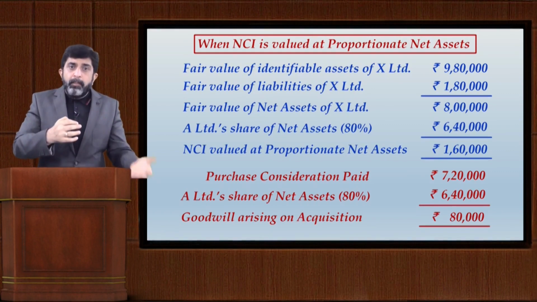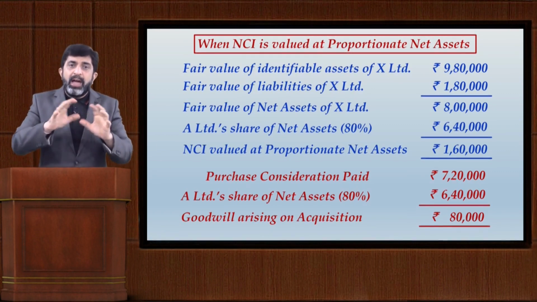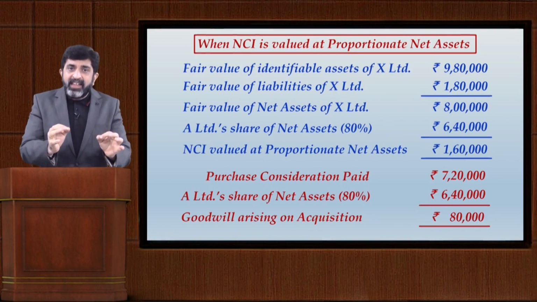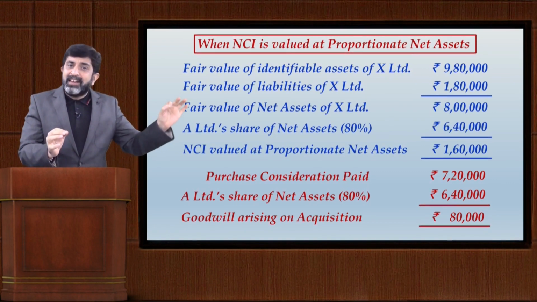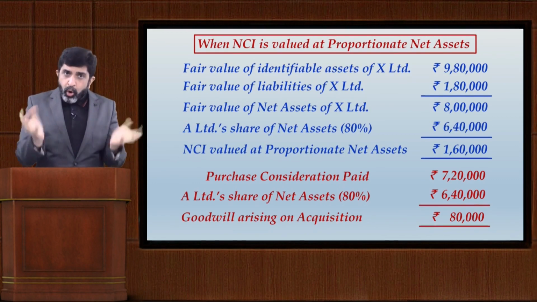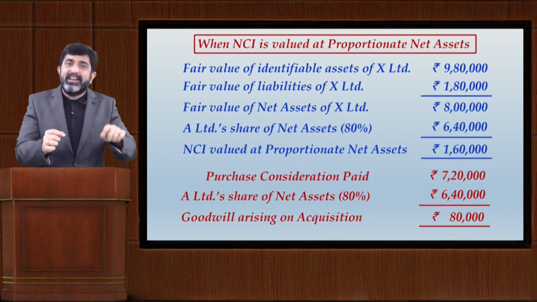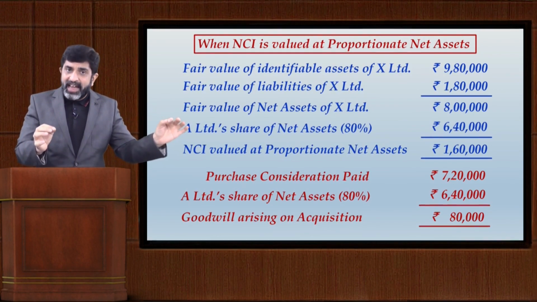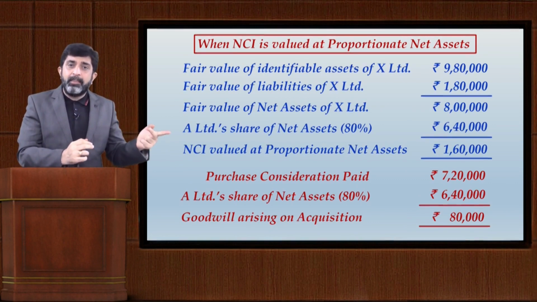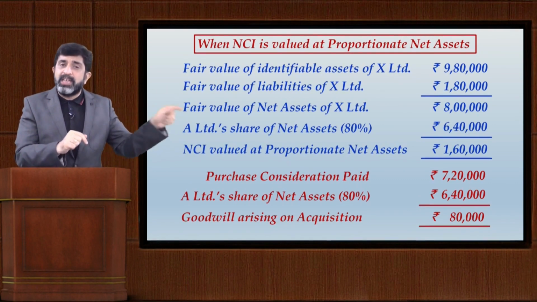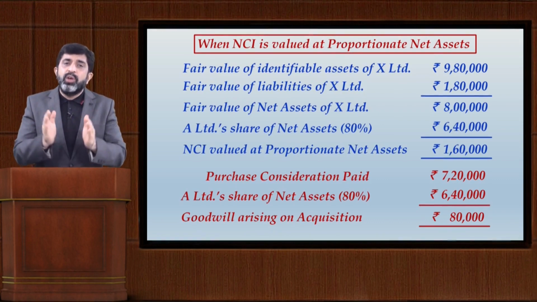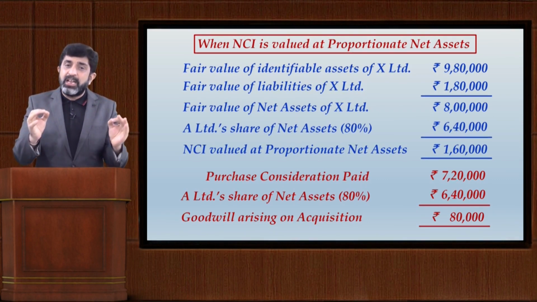What belongs to you plus what does not belong to you aggregated becomes the whole thing, and that whole thing has a cost of 8,80,000, while the whole thing had a net asset at its fair value of only 8 lakhs. In other words, the cost represents a little higher amount compared to the net assets of the acquiree. As a result, the difference between the two is nothing but the resulting goodwill.